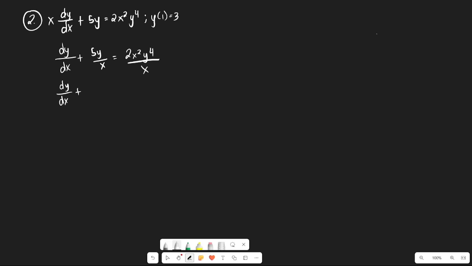So where's that y going to come from? In this part right here, you have a y. So you can take that out, and you're going to have a 5 over x multiplied to it. Now, what is 5 over x? This is a function of x. This is now our p of x.